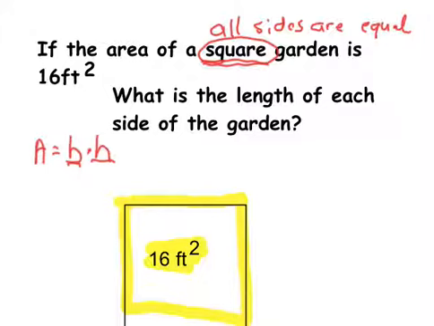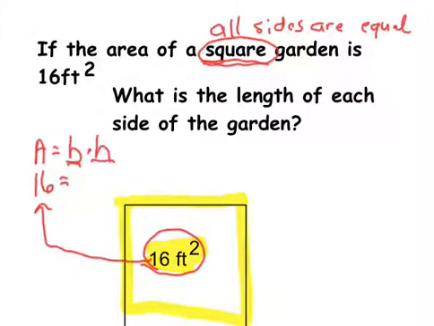So if the area is 16, I'm going to write that for A. I need to know what number times itself, because squares have equal sides, would equal 16. I can't say 2 times 8 because these numbers are not the same number. I need something else.